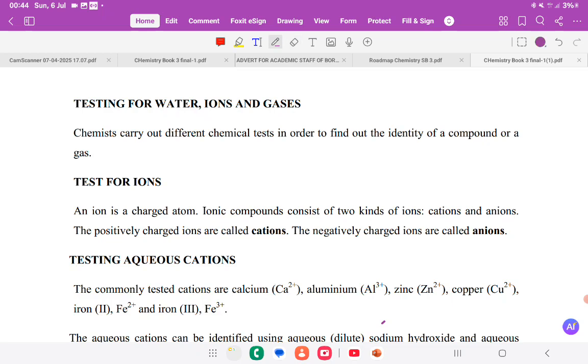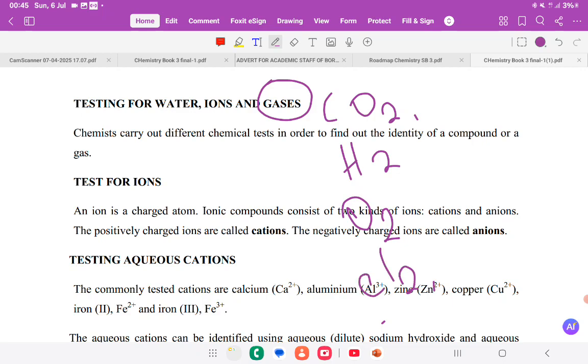So you're going to learn how you can test for the presence of gases such as carbon dioxide, hydrogen gas, oxygen gas, chlorine gas, and other gases. So that's basically what we are going to be talking about in this subtopic of the main topic, experimental techniques.